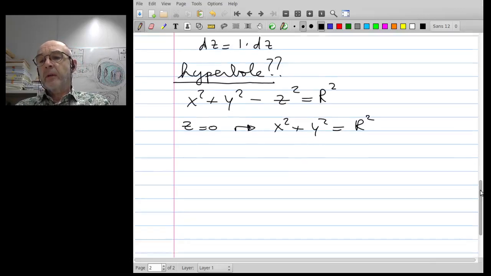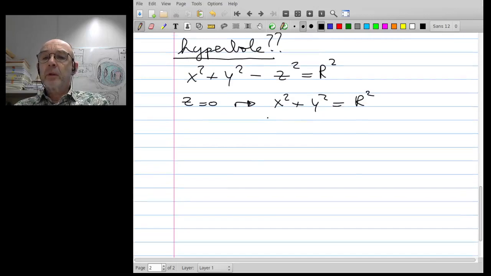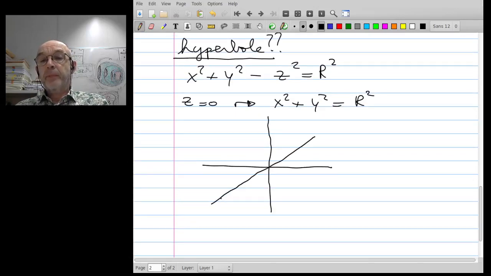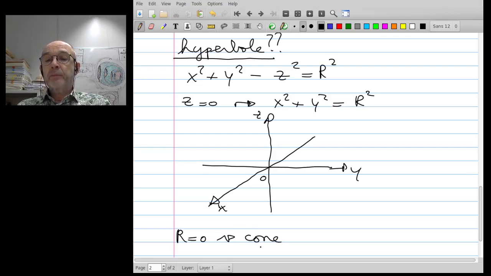And so we have the following sketch. And you see I am always sketching figures, just to see how it works. Now what do we have? If the radius r is 0, you have a cone.